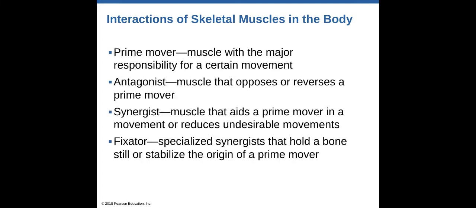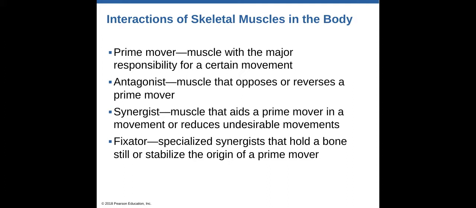I'm going to skip this one. Interactions of the muscles in the body. Some different terms. A prime mover is a muscle with the majority of the responsibility for a certain movement. There should be some examples on the next couple slides, I think. An antagonist is a muscle that opposes or reverses a prime mover.